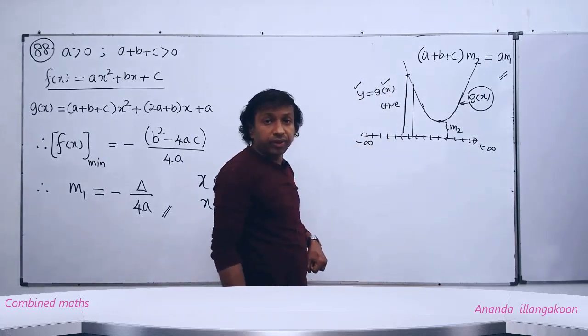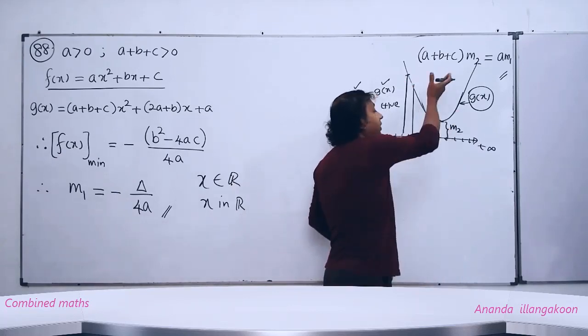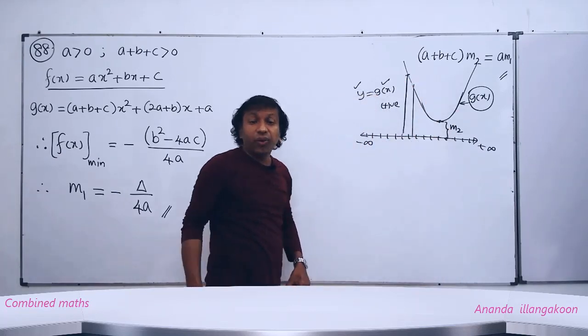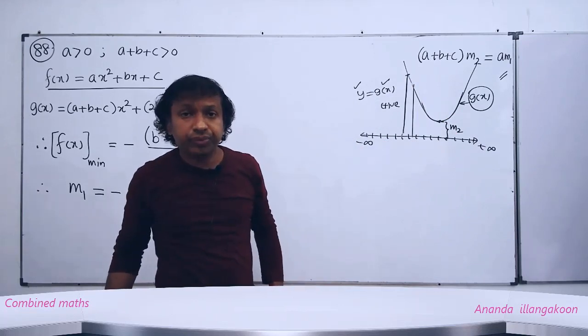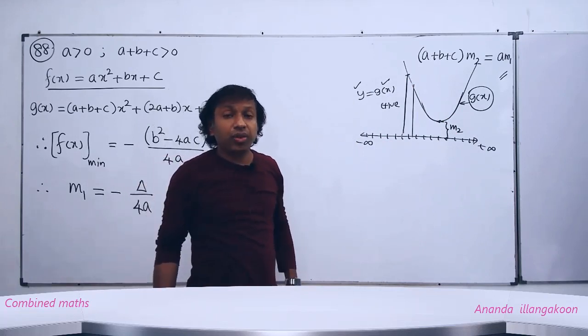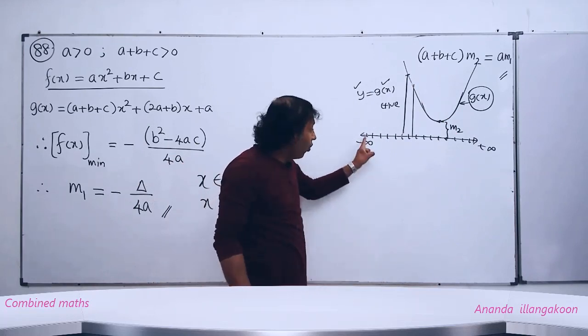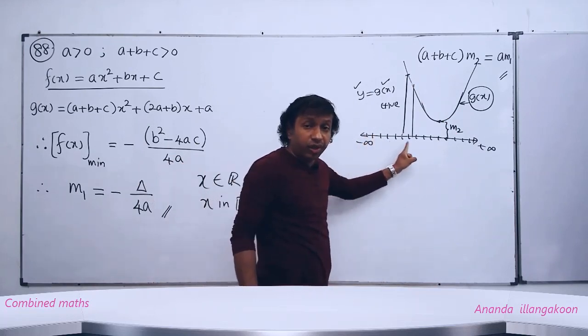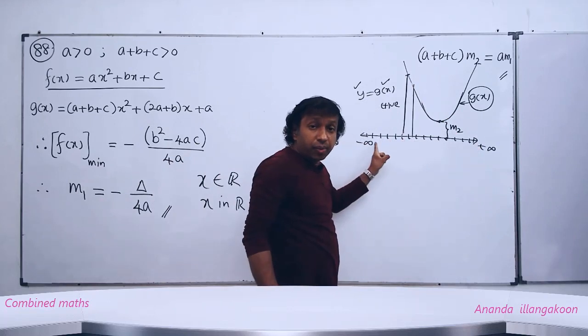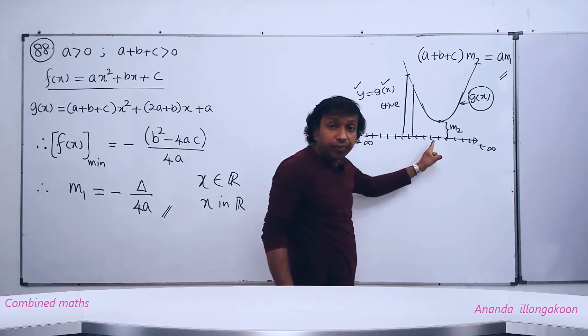Right? If this graph is lying completely above the x-axis, all the y values are positive for all x values. What is meant by for all x values? When you walk along the x-axis from negative infinity up to positive infinity, we pass one after other real numbers.